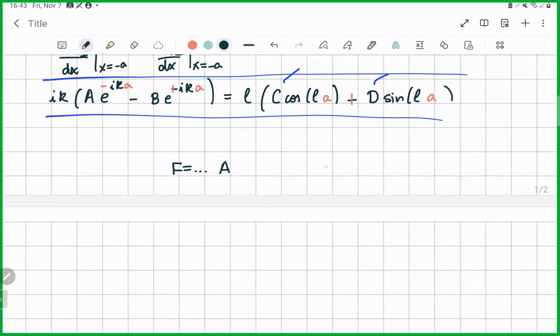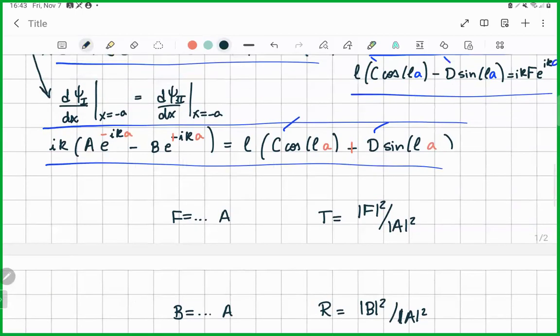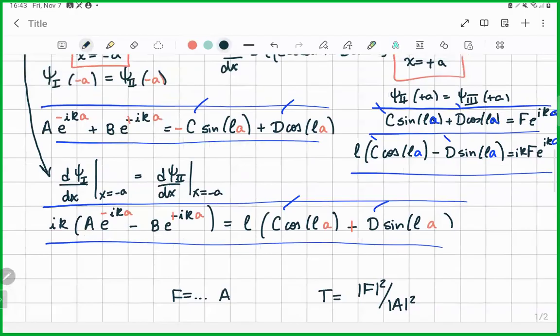Why? Because the transmission coefficient is this ratio. And we want to write B as a function of A only. Why? Because the reflection coefficient is this ratio. Okay, so that's why we have to manipulate all of these equations to try to get rid of C's and D's along the process. This is the subject of the problem 2.32.